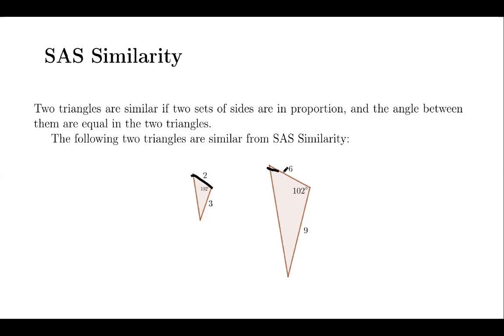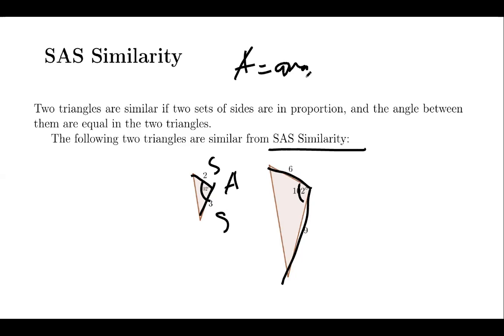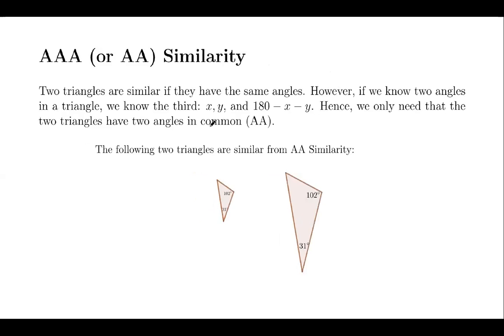Again, 2 and 6, 3 and 9 are in proportion, and the angle between them, 102, is congruent. So they are similar by SAS. A stands for angle, and this helps you remember SAS because the A is in between the two S's.